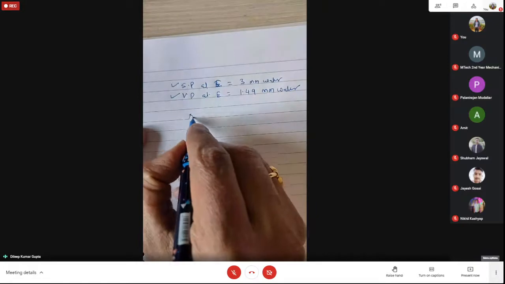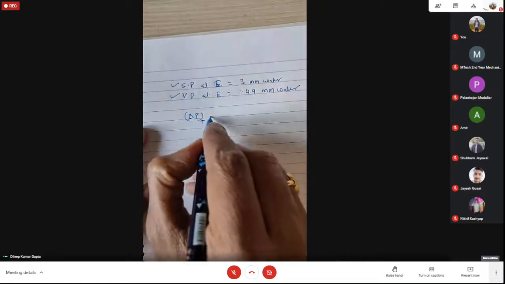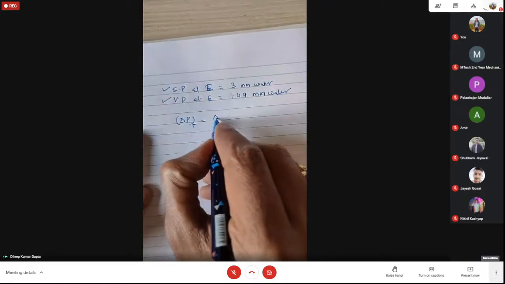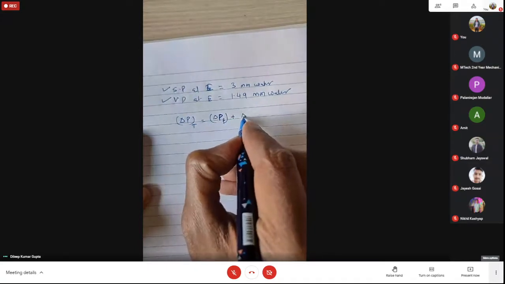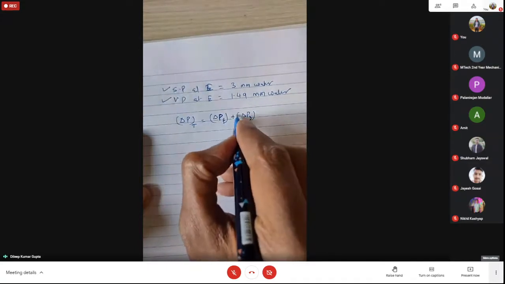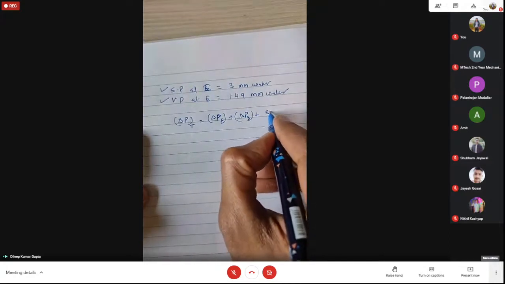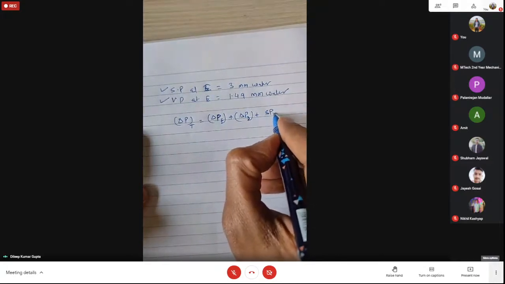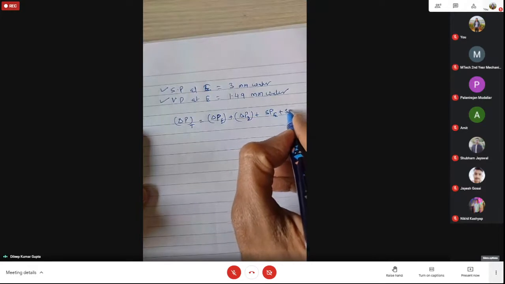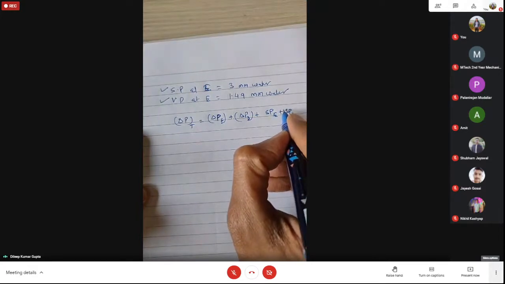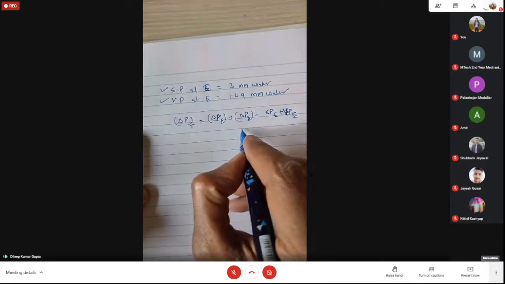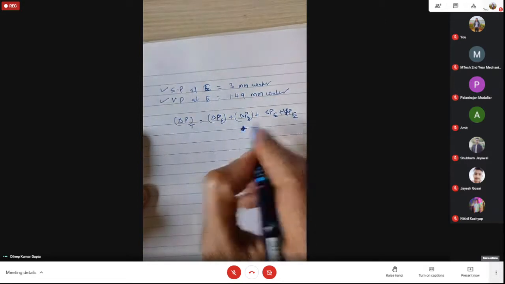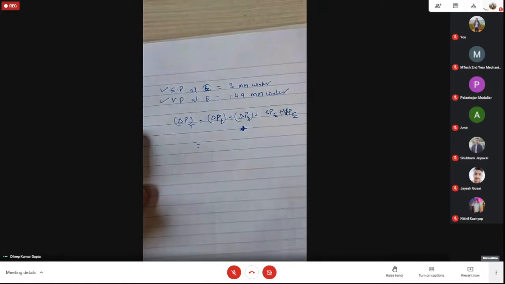So total pressure loss delta P total will be equal to delta P of friction plus delta P of dynamic losses plus SP at state number E plus VP, the velocity pressure at state number E. That's all, right?